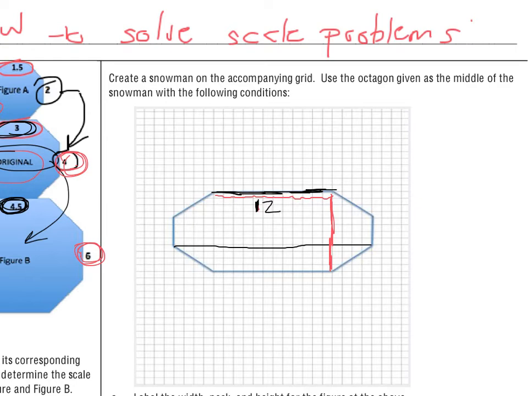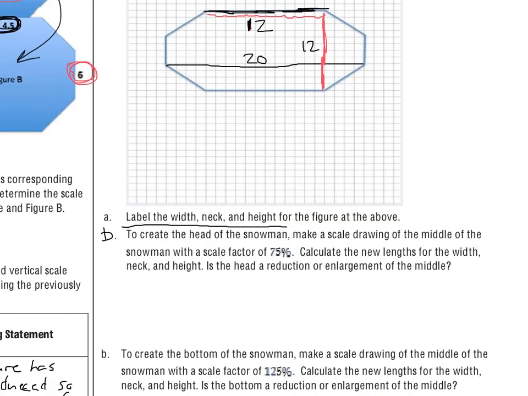Coming across, we can count out that this is 20, and that our original height is also 12. So we can see that this isn't quite drawn with perfect squares, and that's why we get this shape that looks like it's a little bit skewed. We see the horizontal 12 and the height 12 as well.